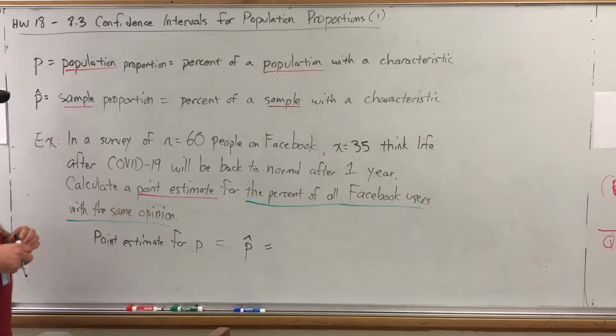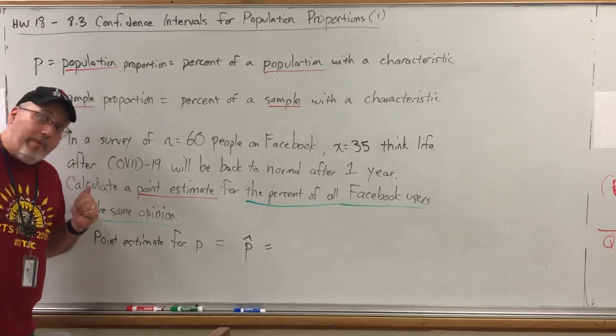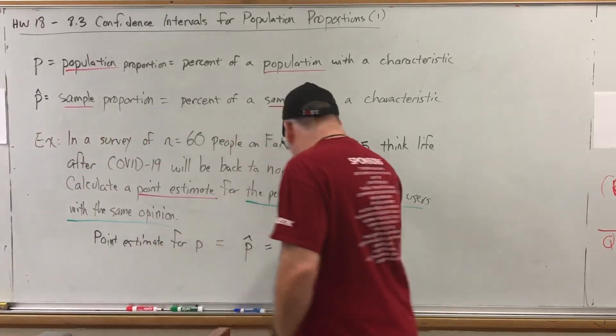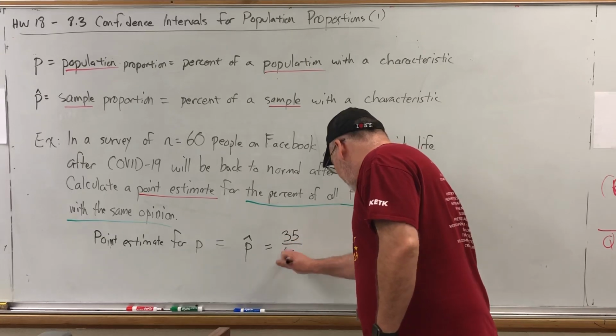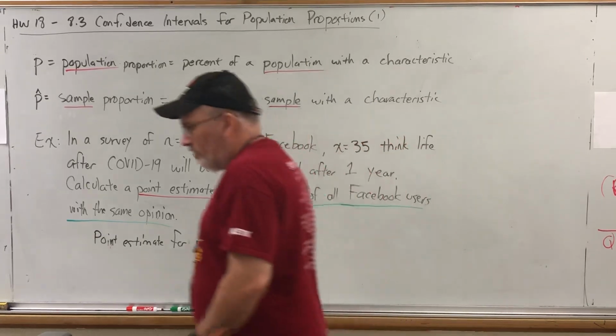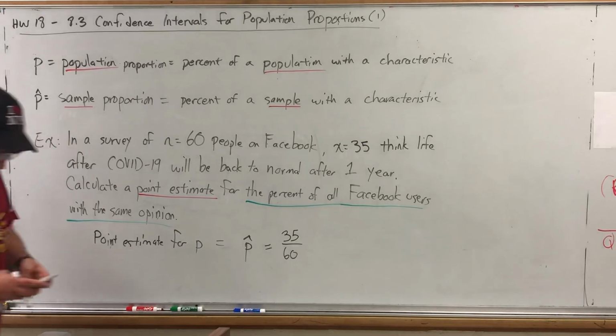Well, this sample has 60 people and 35 of them have a certain characteristic. They think life will be back to normal in 1 year. So our proportion is 35 out of 60, and that could easily be converted into a decimal. In fact, on your homework, you will be asked to convert it to a decimal, to so many decimal places.